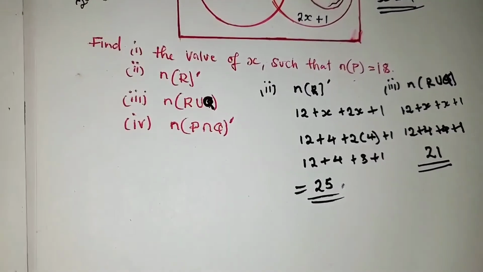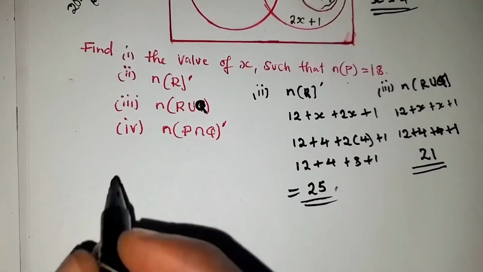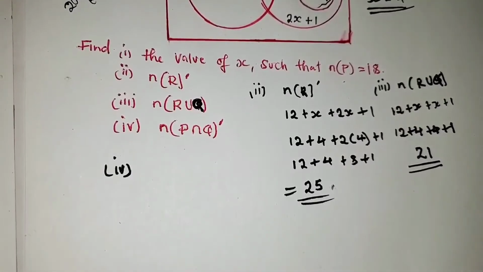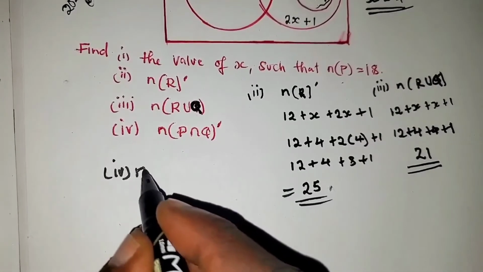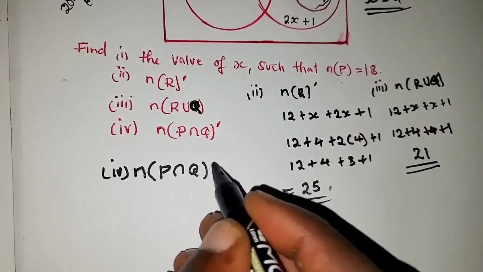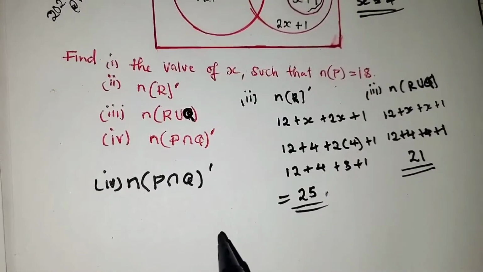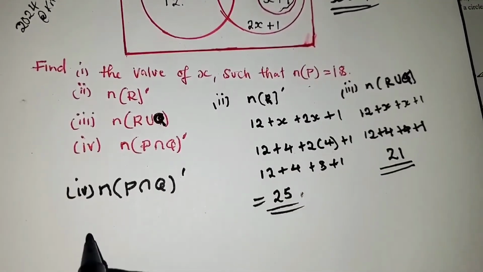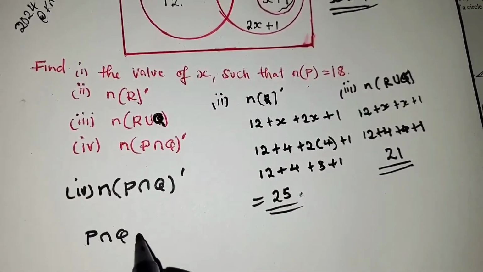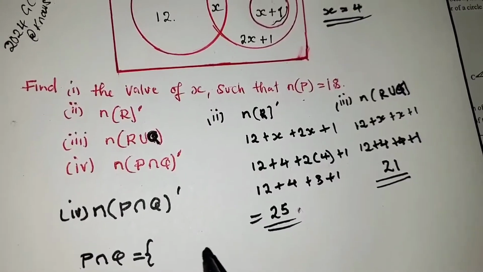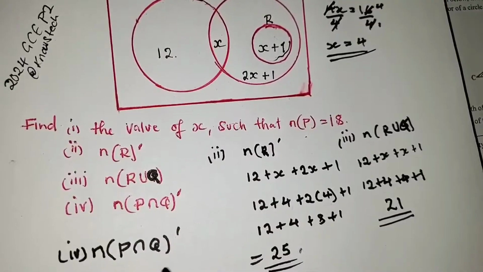Let's solve the last one, question 4. We are asked to find the number of elements in P intersect Q complement. So, understand this. First, what is P intersect Q? P intersect Q is X here.